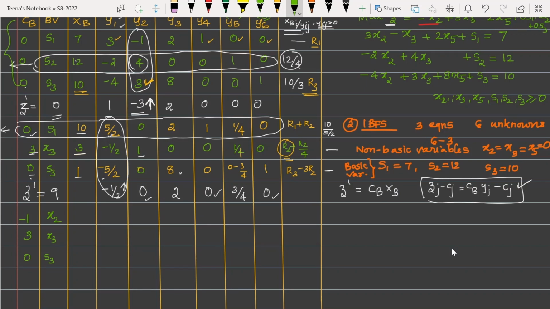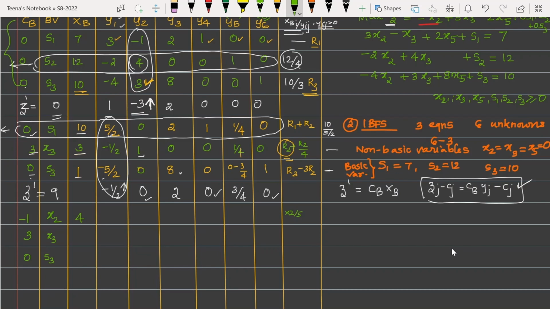So rest all the computations are based upon the pivot element. So that means we have to multiply the first row throughout by 2 by 5. We have to divide by 5 by 2 or we have to multiply by 2 by 5. So hence 10 into 2 by 5, that is 4 as the first element.